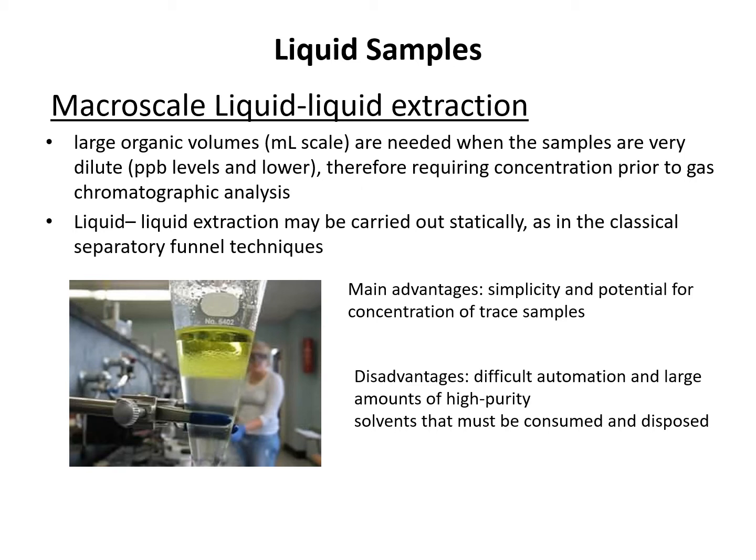The disadvantages are the difficulty of automation and the large amount of high purity solvents consumed, which we have to find a way to dispose of, so this extraction technique is not very environmentally friendly. Therefore, macro scale liquid extraction is not very encouraged at this point in time, due to the consumption of a high amount of solvents.